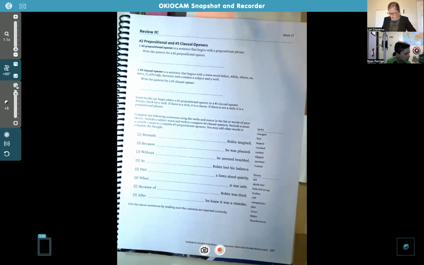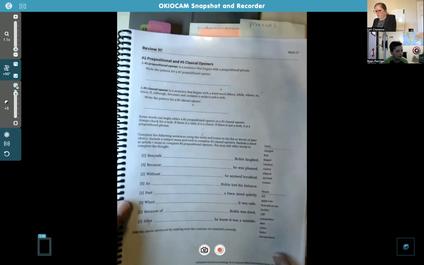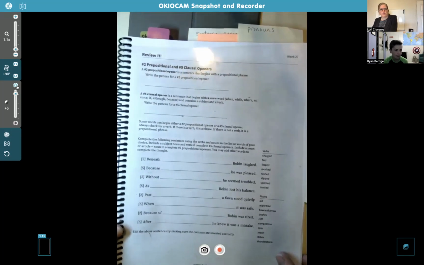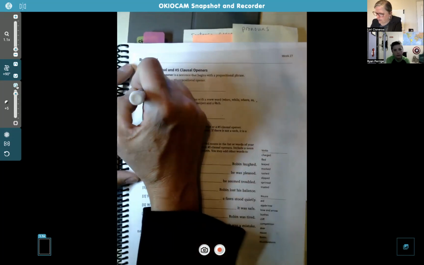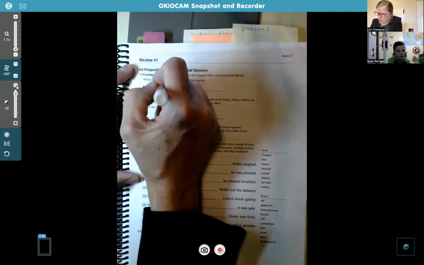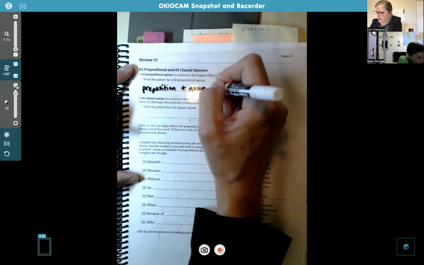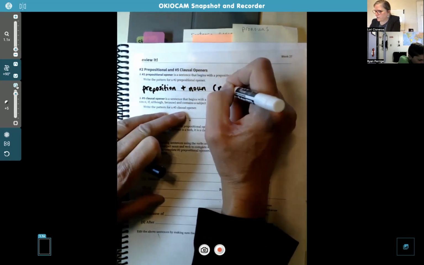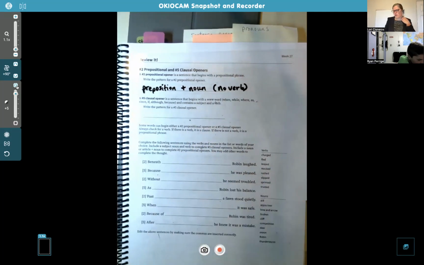So let me get my plastic here. And you probably already know this, but the prepositional pattern is a preposition plus a noun. So we'll just write that in on the line here. Okay. Preposition plus a noun. And then I'm just going to put in parentheses, no verb, like we talked about, because that's important to remember.